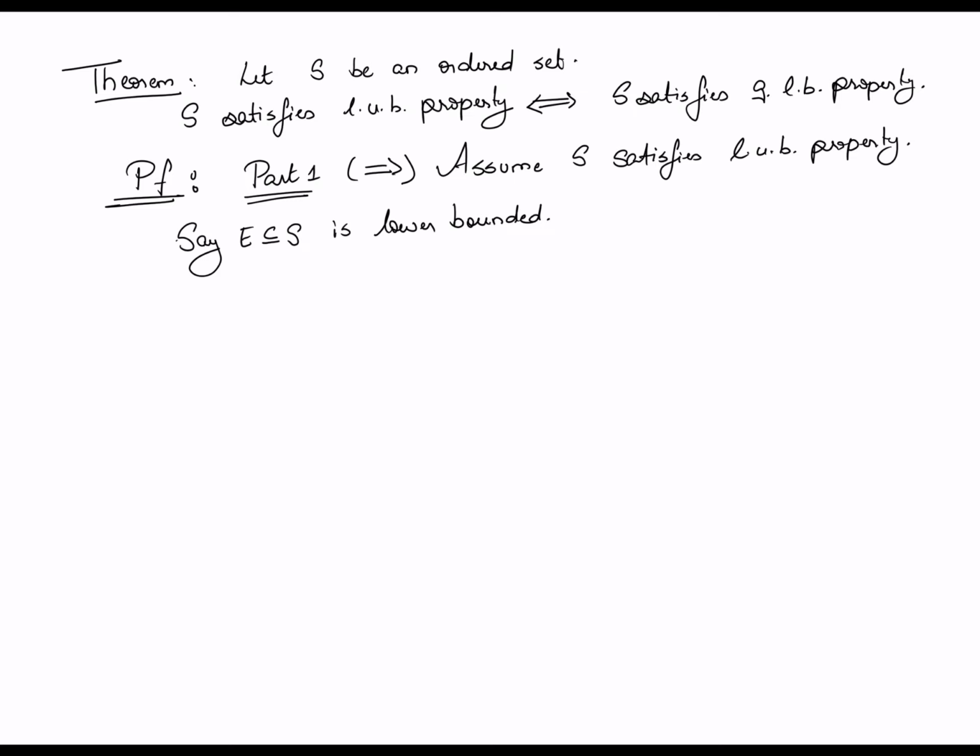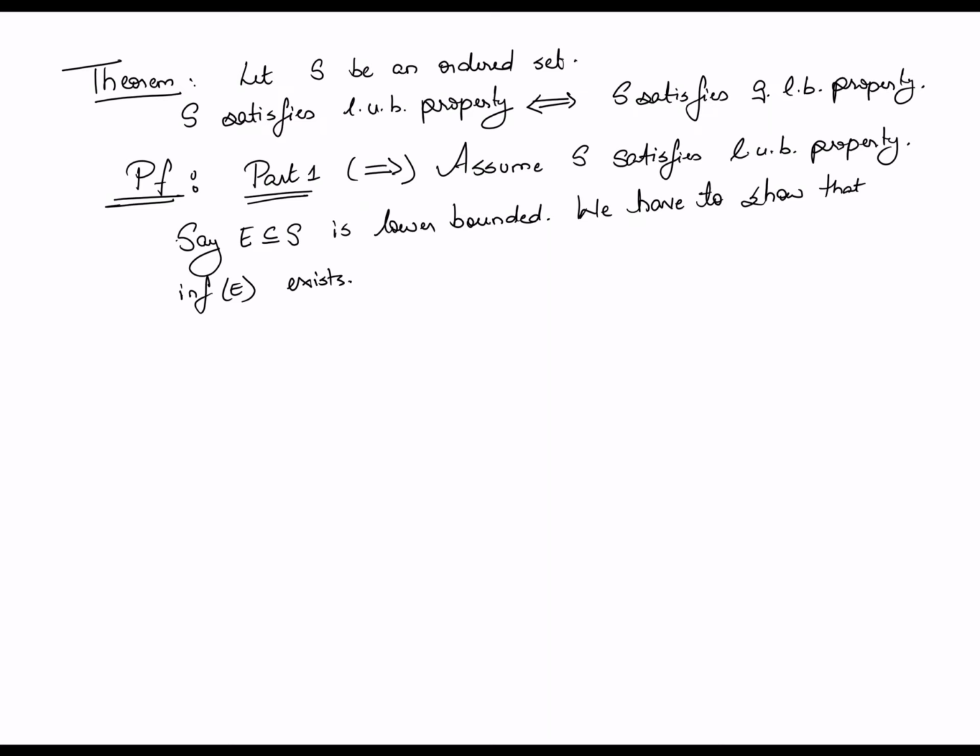In other words, I need to show that inf of E exists. That is what is involved in showing this. So I'll just write that down. We have to show that inf of E exists.